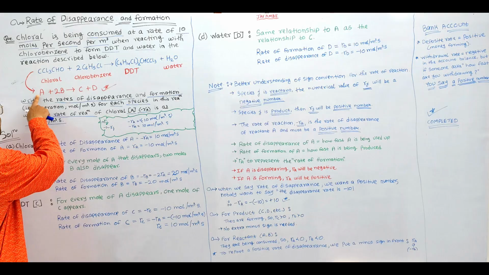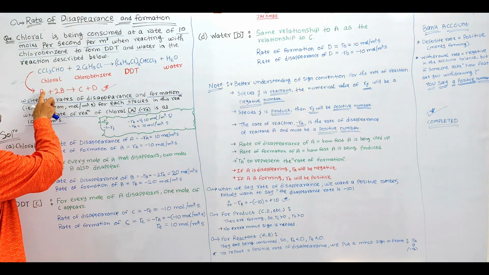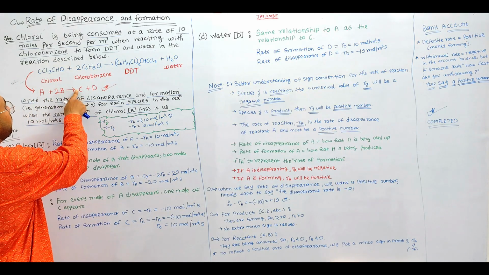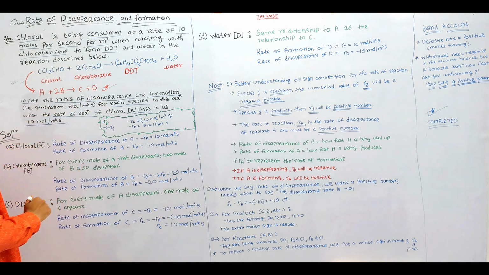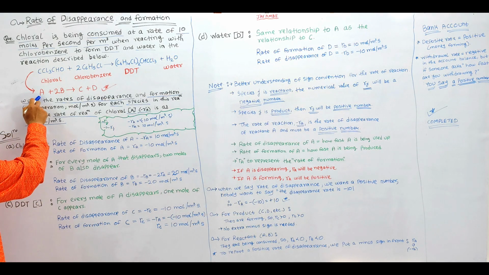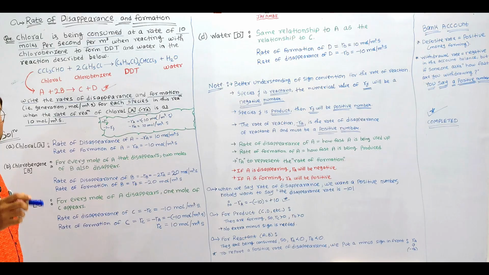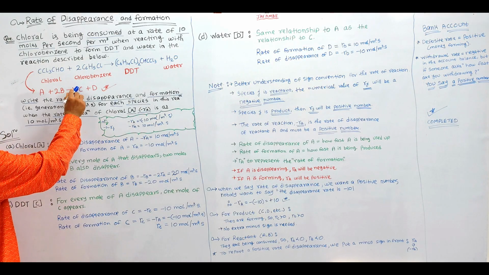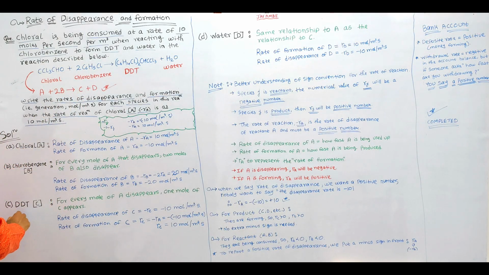So for every 1 mole of A, 2 moles of B will react and get converted into 1 mole of C and 1 mole of D. If we make the relationship between A and C, every 1 mole of A reacting with B will give 1 mole of C. Let's say C is DDT.